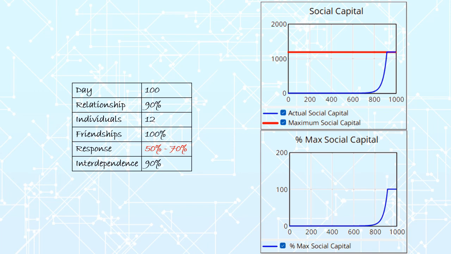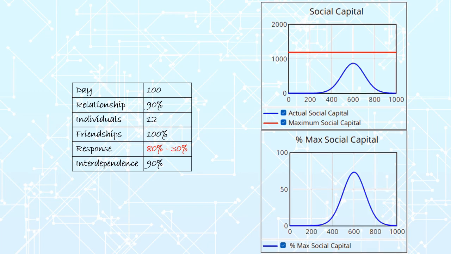However, we get a very different outcome if we start with a highly connected group, reaction at 80% and gradually reducing to 30%. Actual capital rises towards the maximum and then begins to die away, eventually reducing to zero. Friendship can disappear just as easily as it grows, sometimes much more easily.